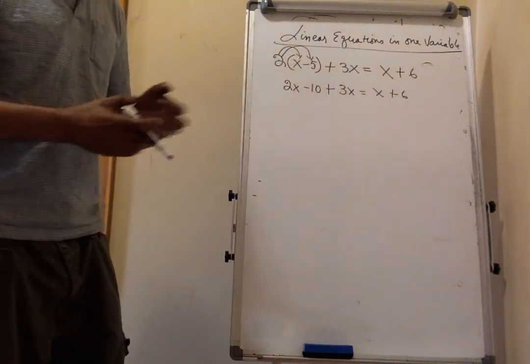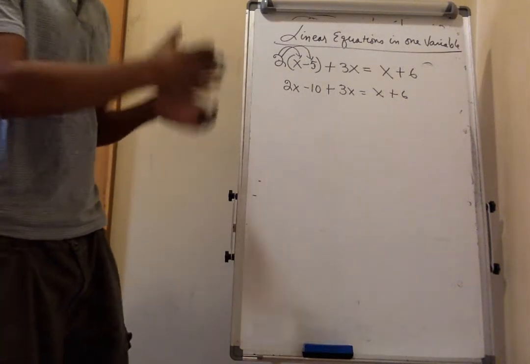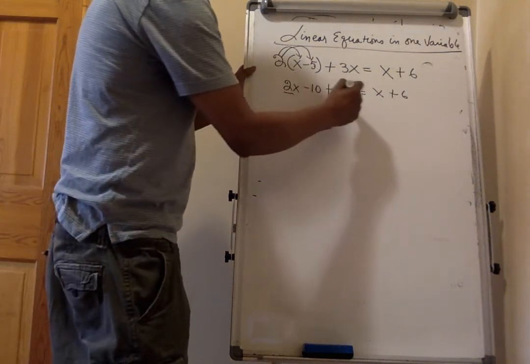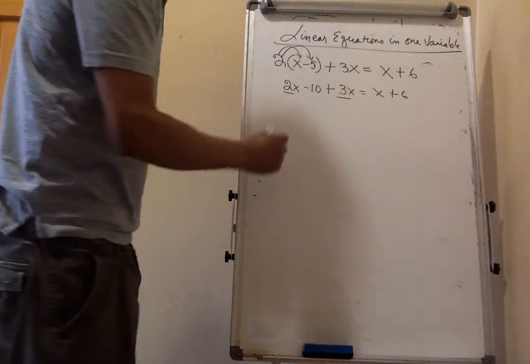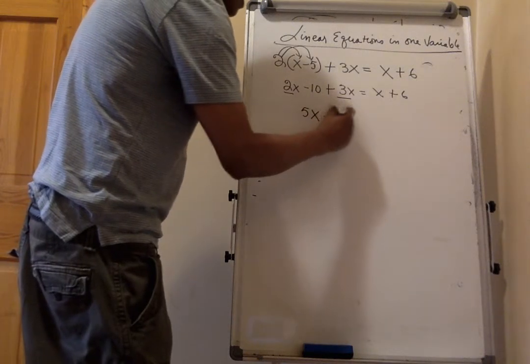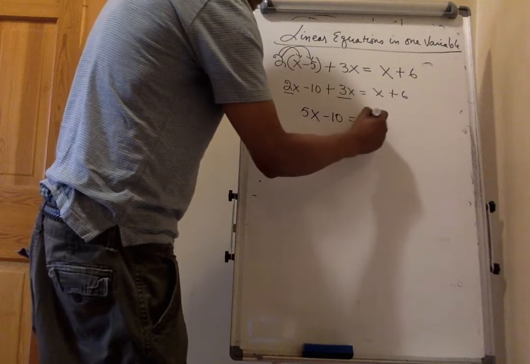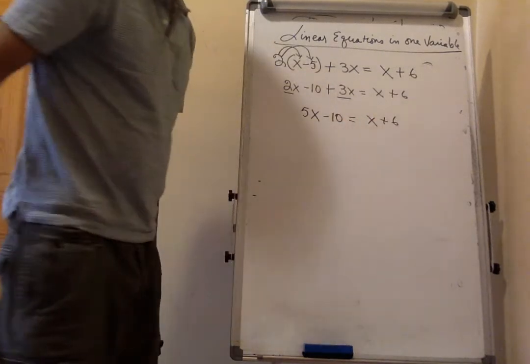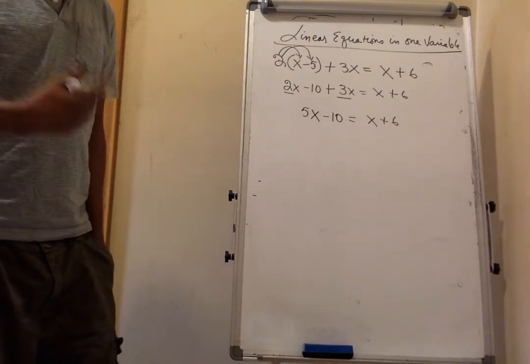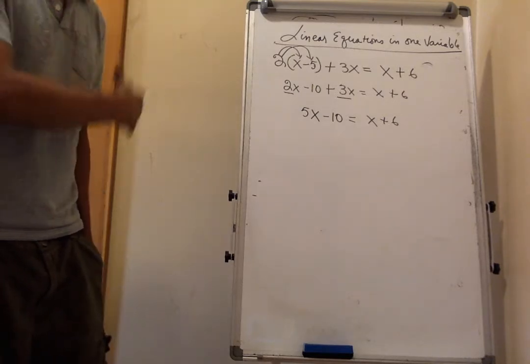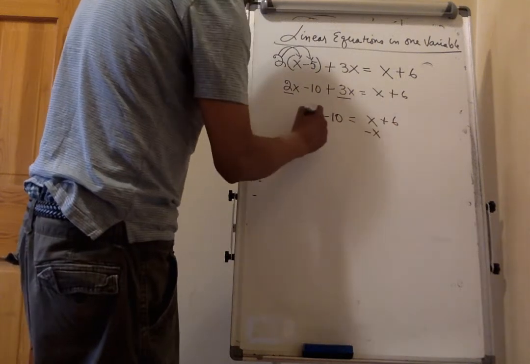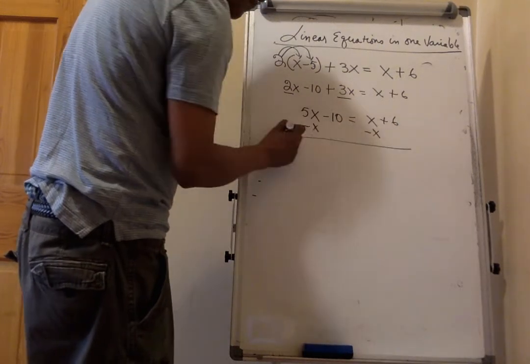Now what I need to do is bring the x's on one side and the numbers on the other side. In order to do that, I'm going to add 2x and 3x. I get 5x minus 10, and that is equal to x plus 6. I still need to do one more step to bring x to one side. So I subtract x.